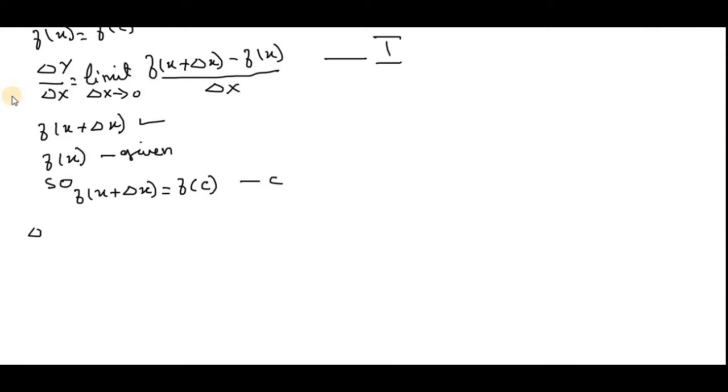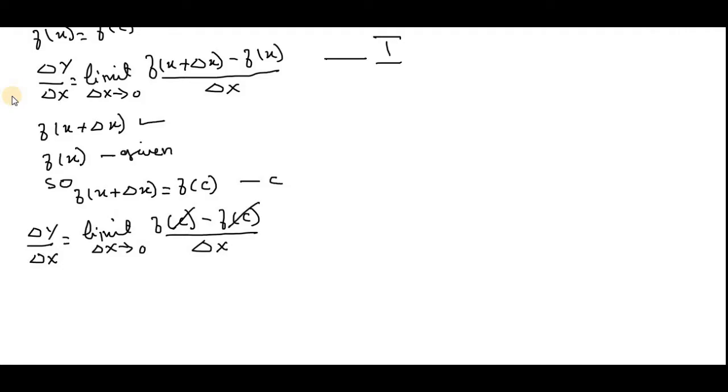Now we'll put both these equations in equation number 1. This is delta y by delta x is equal to limit delta x approaches 0, f of c minus f of c, whole divided by delta x.